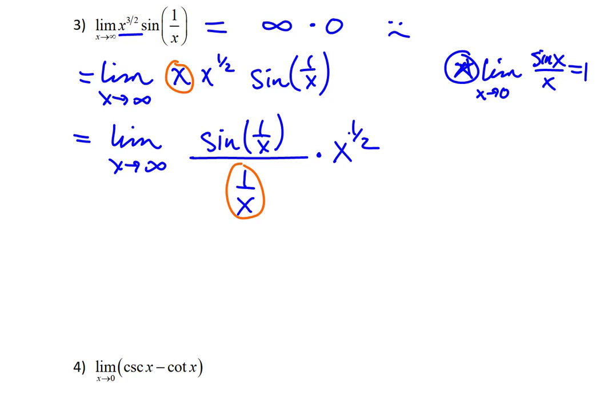Now you've seen this kind of thing before. We can use a u substitution to say let u equal 1 over x, because really I would like to use the special limit that I have, and I don't have sine x over x, I have sine of 1 over x over 1 over x. So as you've seen before, we can do this little substitution.